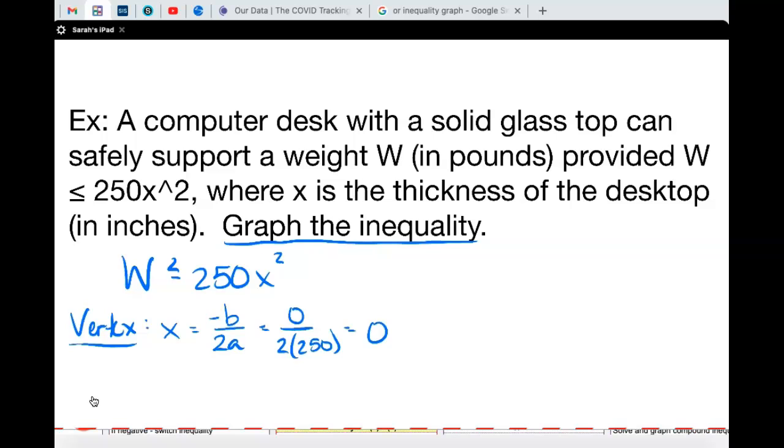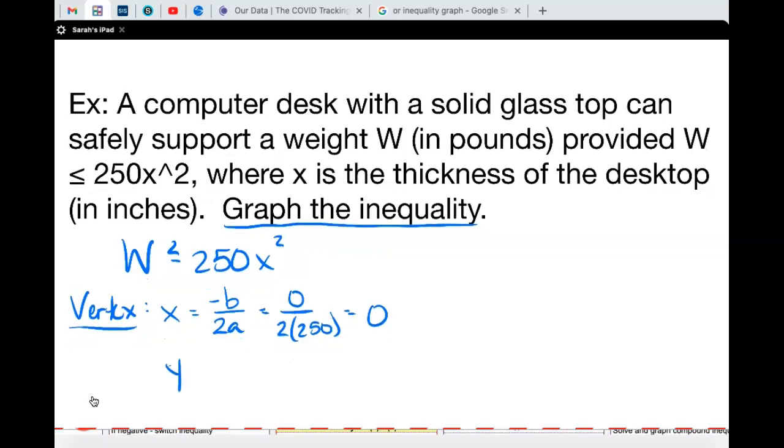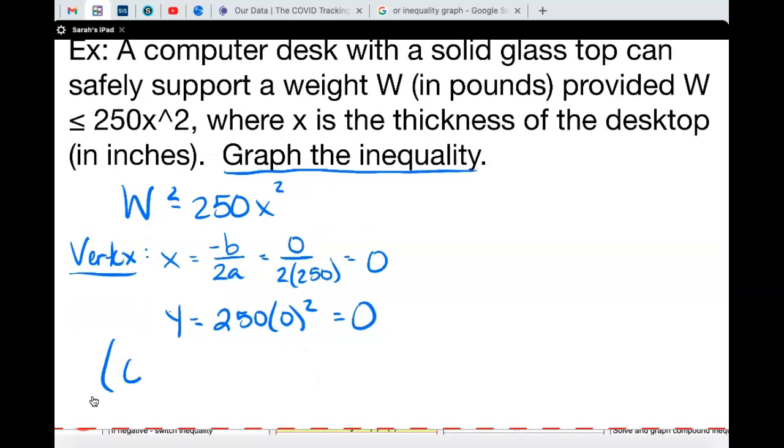So then I can plug that in to find the y. And what is the y value? 0. So my vertex is 0, 0. Nothing crazy there.